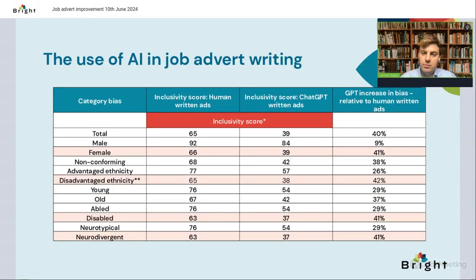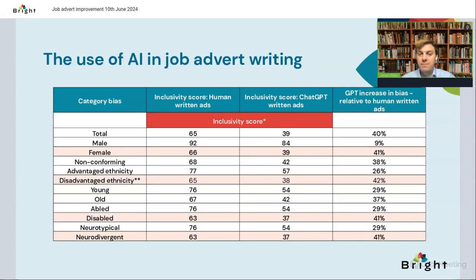They're going to impact your engagement scores, they're going to impact your ranking. And one thing that I do think is very worrying is that a lot of research is showing that diversity and inclusion, how inclusive your adverts are, is significantly impacted when you're using things like ChatGPT to write your job adverts.